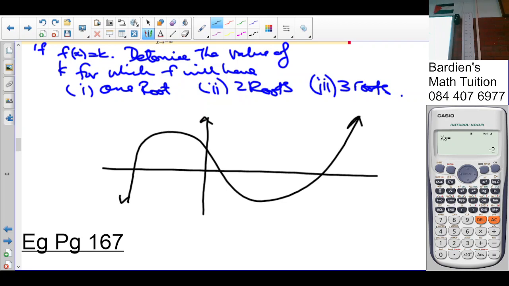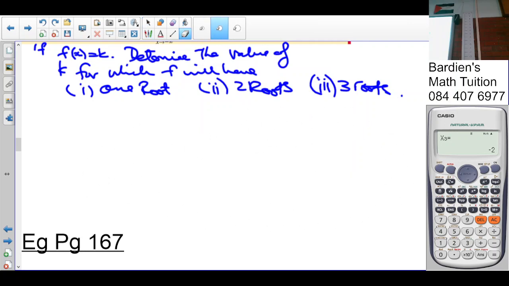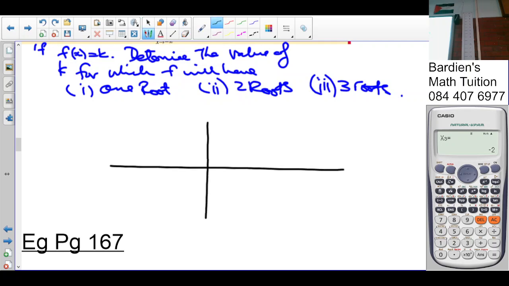What are the coordinates of the y-intercept there? 12. Okay, so this turning point here was 1, 6 and negative 2.